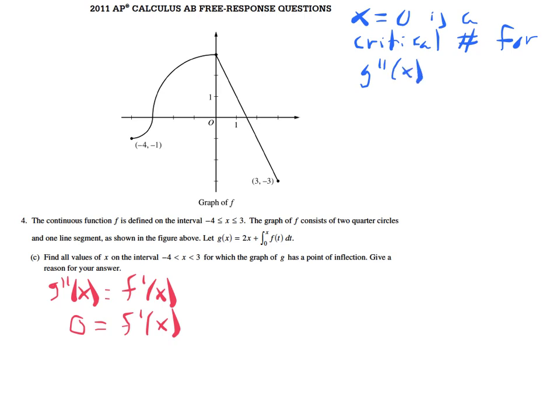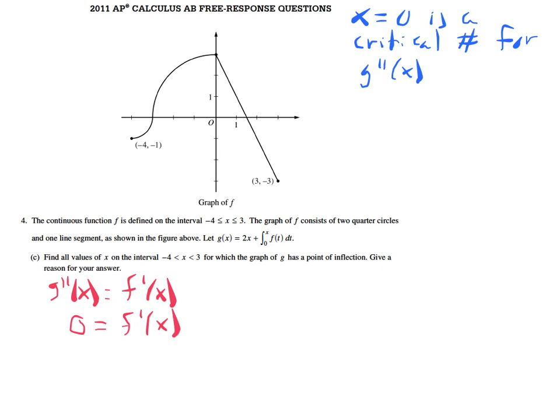And just because you have a critical number, where the second derivative is either 0 or undefined, does not mean you have an inflection point. There actually has to be a change in the concavity. So just like in the last one, we need to test points to see if the second derivative this time actually changes from positive to negative.